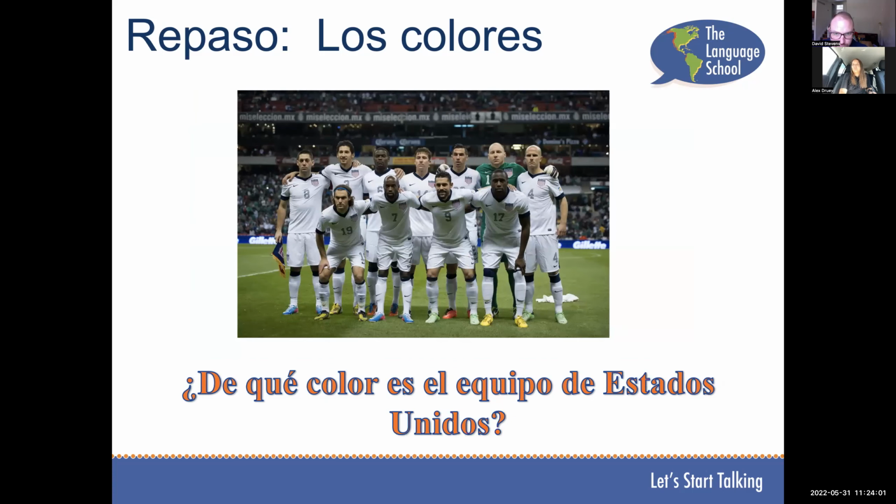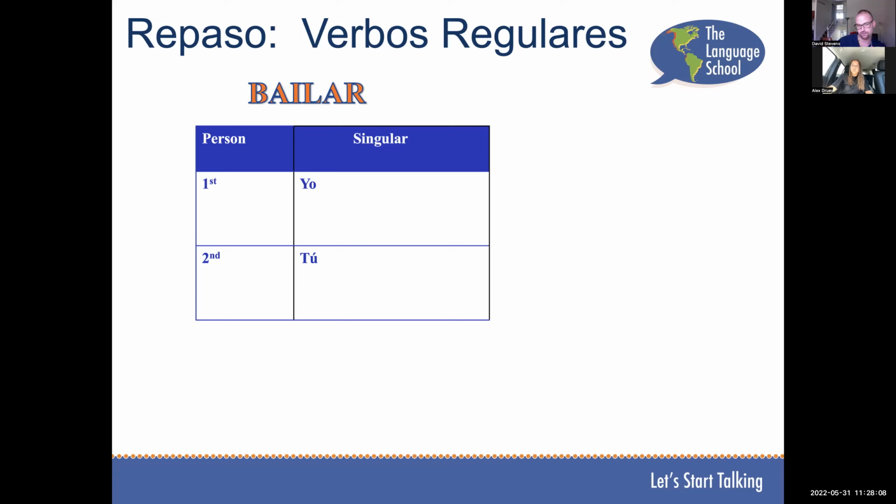Reservar. To reserve. Yo reservo. Tú reservas. Bailar. To dance. Yo bailo.